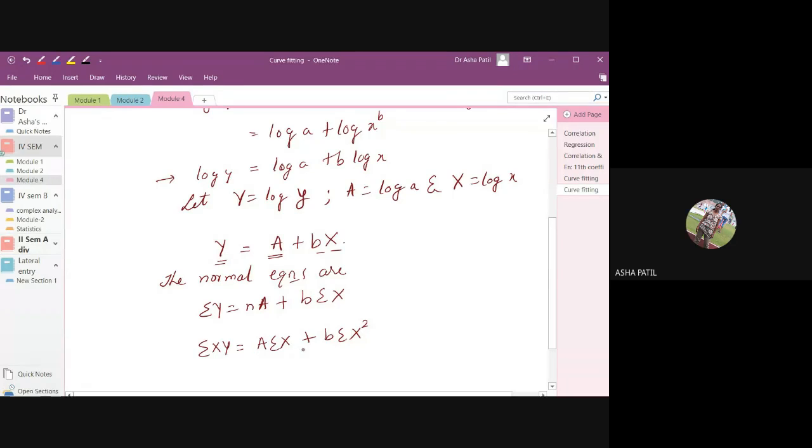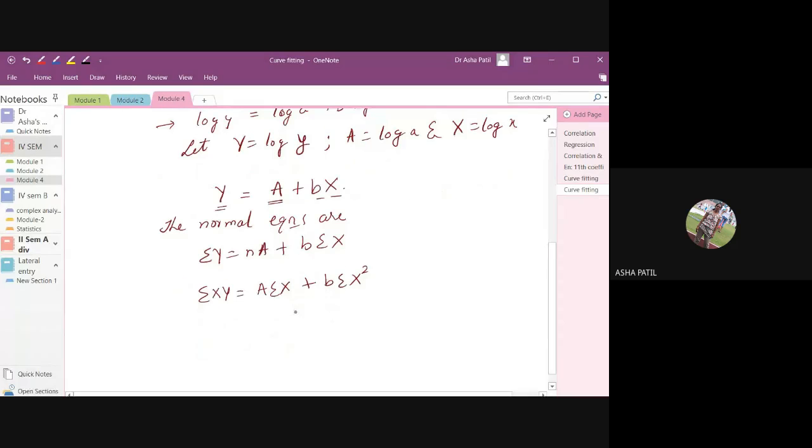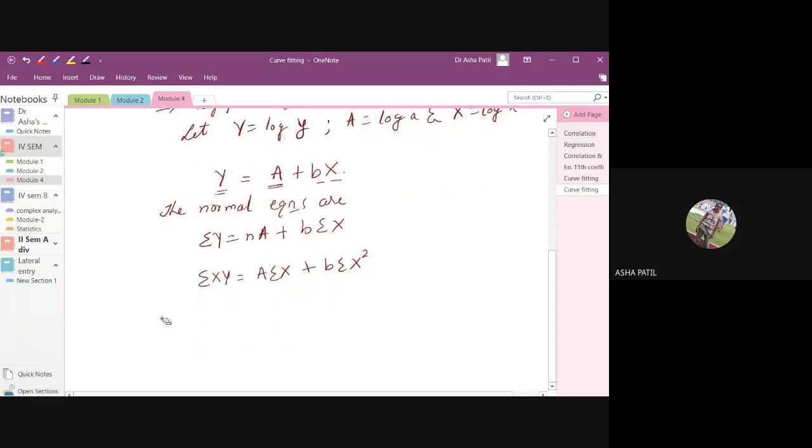Next, you calculate all these values, substitute, and solve for A and b.